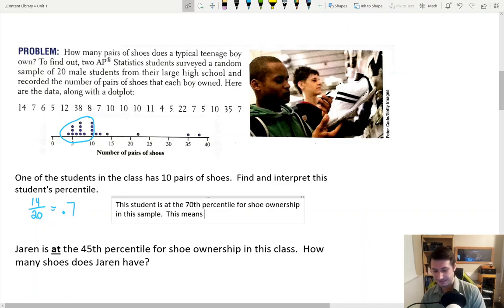This means that 70% of students had less than or equal to 10 shoes.